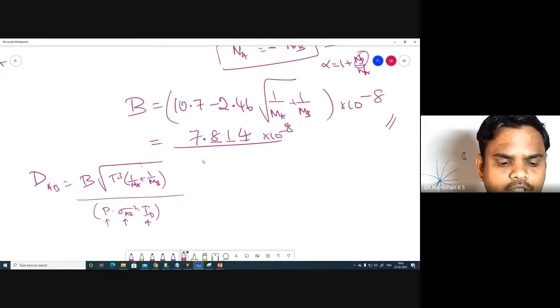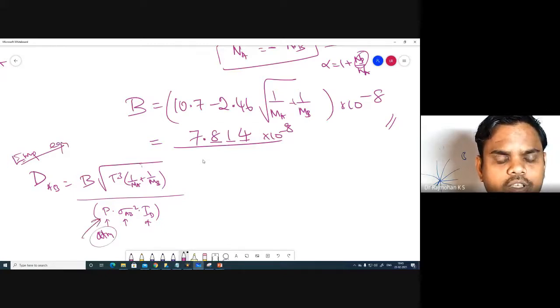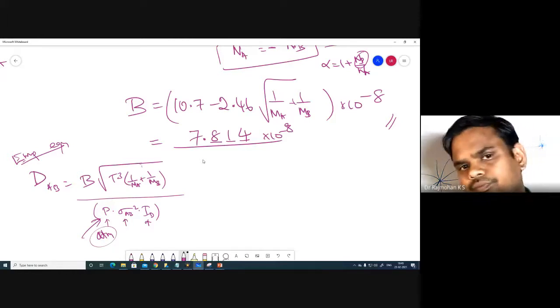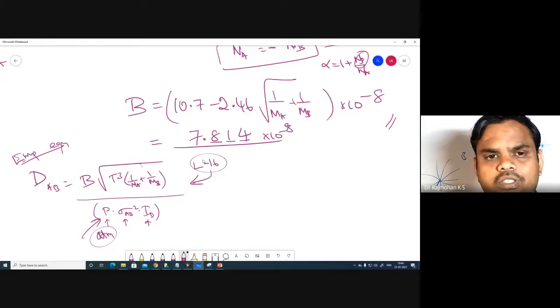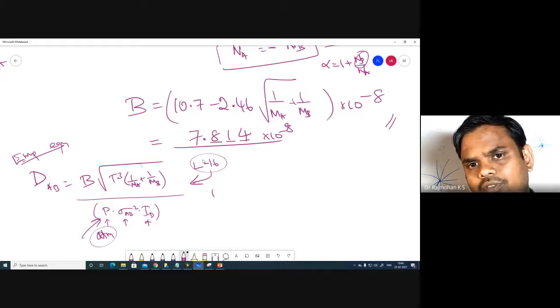Pressure should be substituted in atmosphere here. This is an empirical equation, and it is mentioned P should be substituted in atmosphere, not in Pascal. For this you refer to lecture number 16, where we have defined these expressions and explained in detail. So please substitute all the values to get DAB.